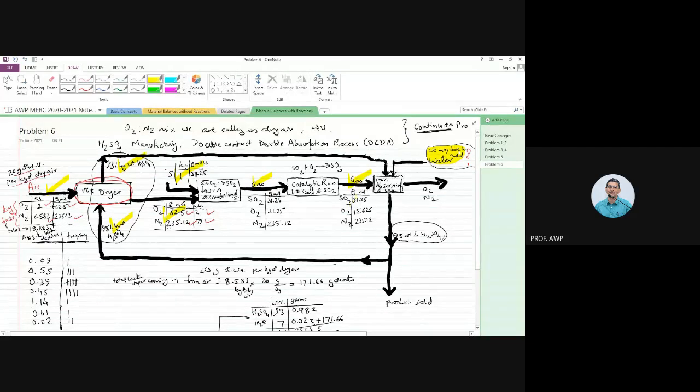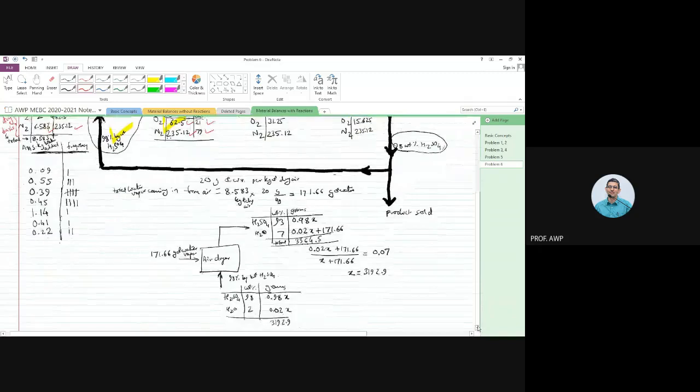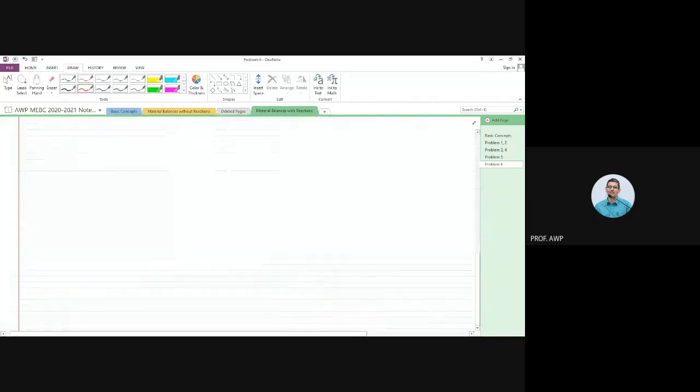So now we have got this stream, which is the same as this stream. Oxygen, nitrogen, same gram moles. Nothing is going to happen to them. So this is 15.625. This is 235.12. Now all I have to do is take this as a control volume. Let me take this as a control volume. SO3 in terms of gram moles.